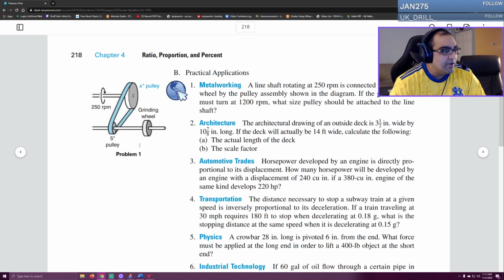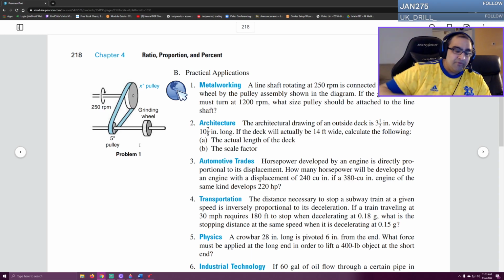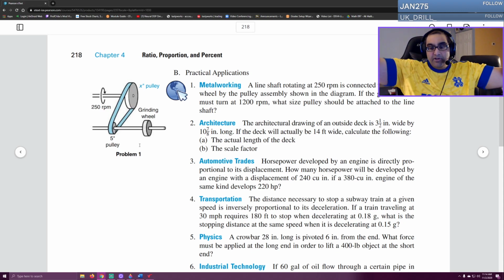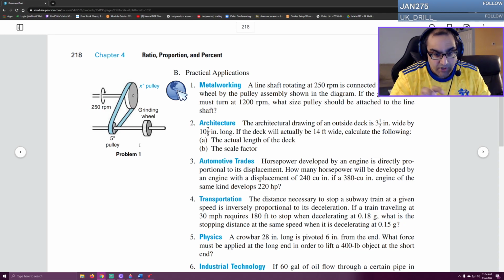Okay, so this is a classic example of an inverse proportion. Now, why is that? Well, think about it this way. If you have a smaller pulley, like 5 inches, and you're trying to figure out how many RPMs it's actually going around, wouldn't it make sense that it goes around faster because it has a smaller radius? If I have a big pulley, it's going to take a longer time to go around in one circle. If I have a smaller pulley, it takes much less time to go around in one circle, to make 1 revolution per minute.